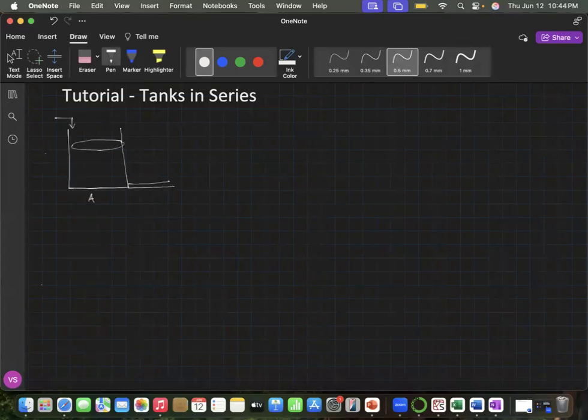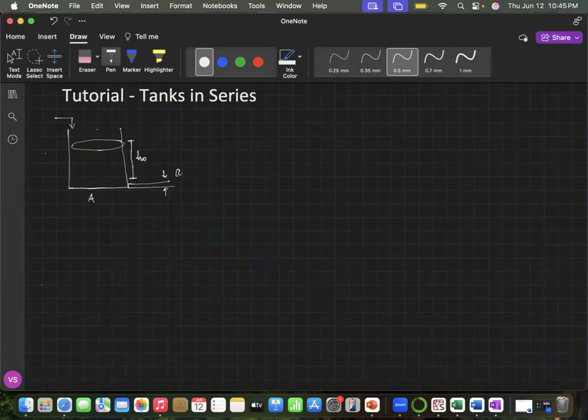And the area of this pipe over here is, let's say, small a, right? If the height of fluid in this particular tank is, say, h naught, then we could use Bernoulli's theorem over here.